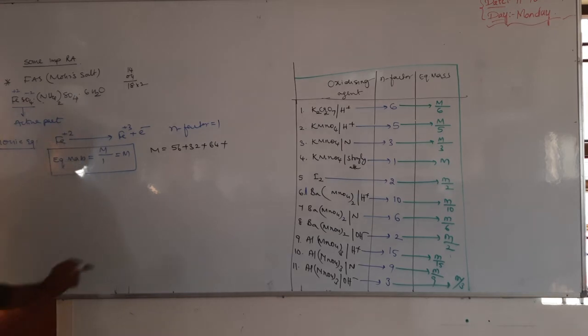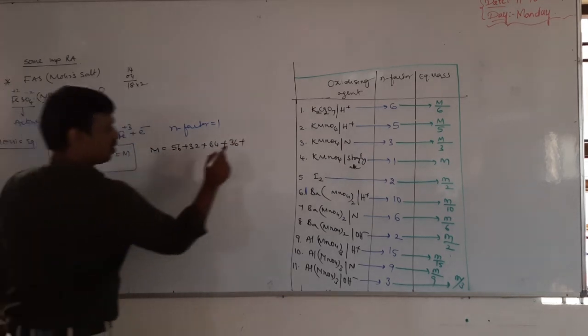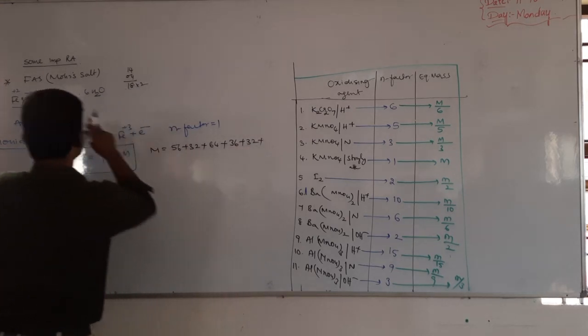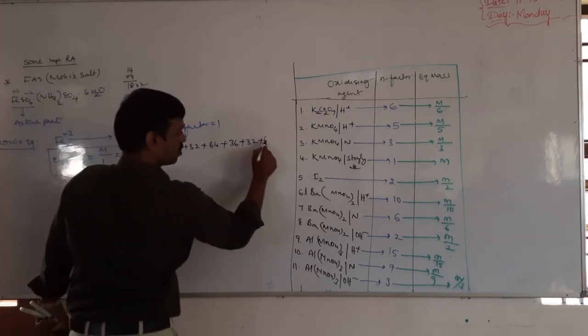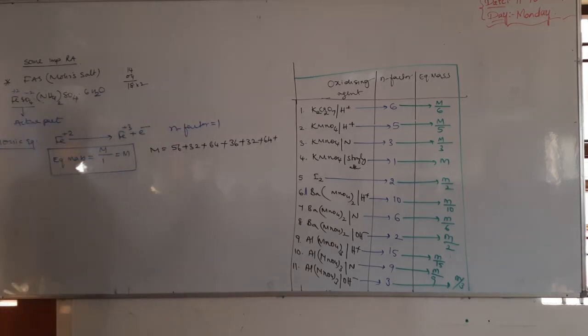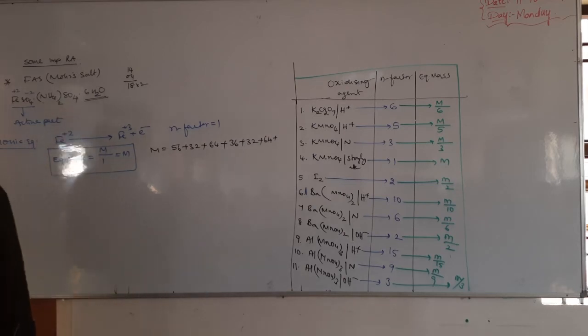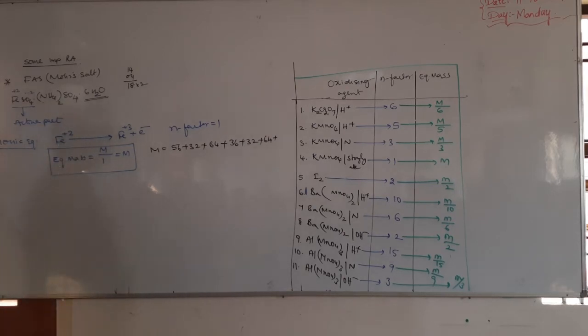Are you following? 36 plus 1 sulfur 32 plus 4 oxygen 64, because 1 oxygen is 16, plus 6 water molecules. See, in calculation of equivalent mass, the molecular mass of water should be taken. It should be considered.